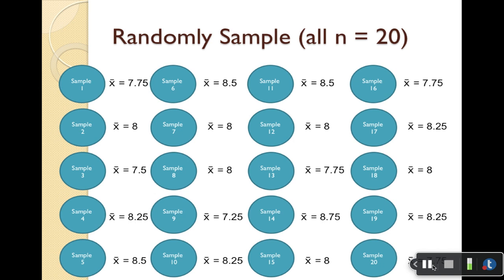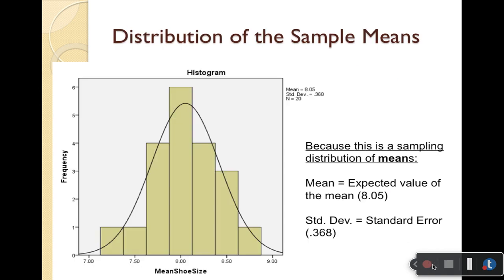For example, if we only drew out 3 individuals and we found that they had shoe sizes of 5, 6, and 7, we're not going to be getting close to that overall population mean. But by creating a distribution of means, we're getting closer to reflecting the overall population that we're interested in.